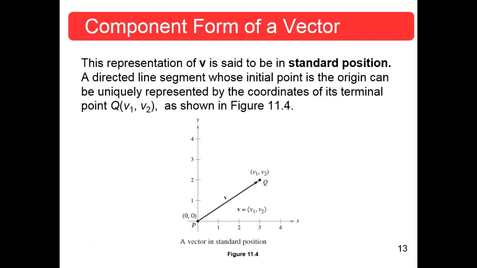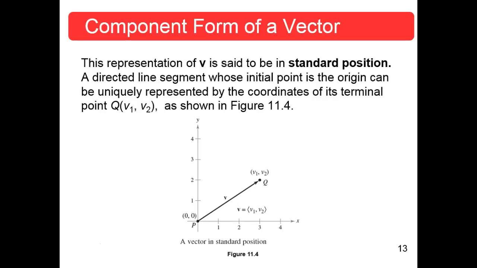Since we named this vector V, the horizontal component we'll call either V sub 1 or sometimes V sub x, and the vertical component is either V sub 2 or, since that's the y-axis, V sub y. So this point here in parentheses is (V1, V2). In this case, it looks pretty close to (3, 2). I don't know if it's exactly that, but it's pretty close to it.